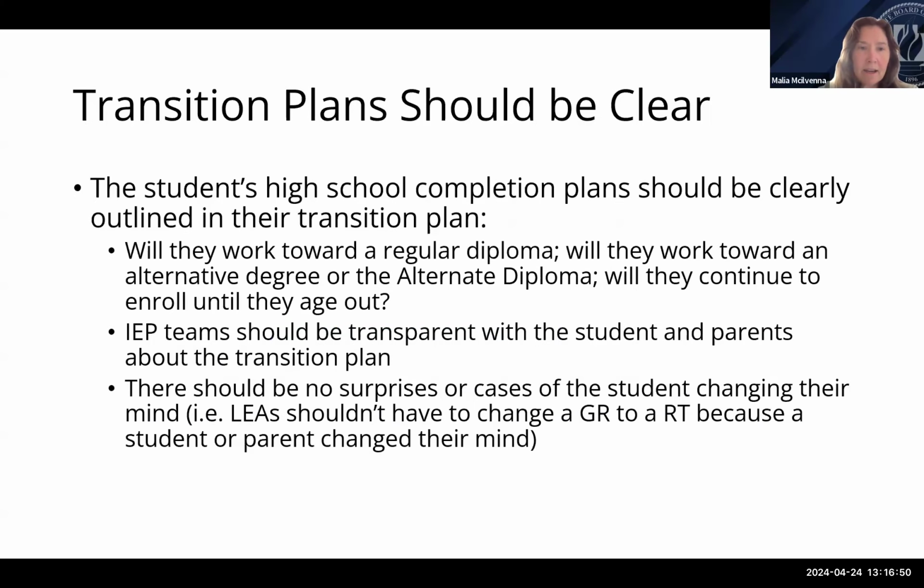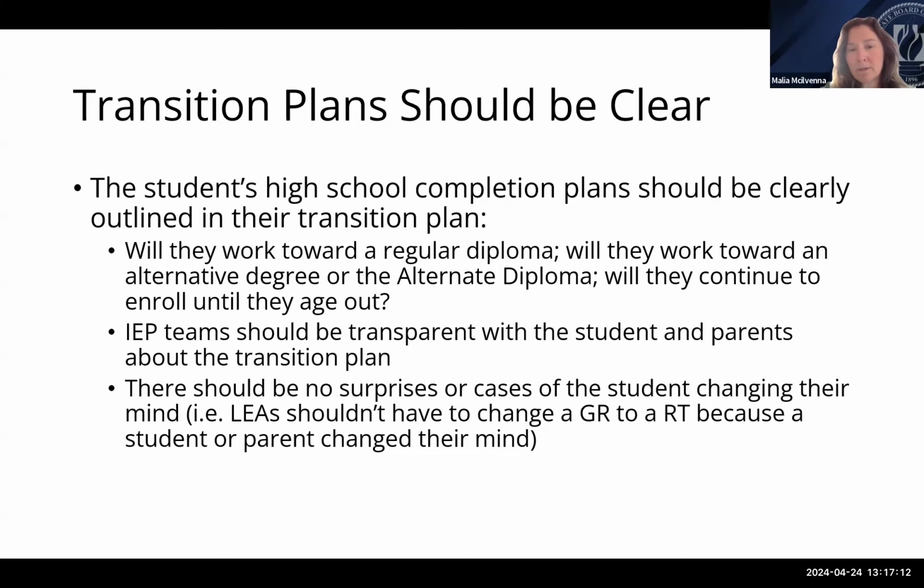Okay, next slide. Okay, and then more of why we shouldn't have surprises. We shouldn't have students who are getting that regular diploma code and then having it get changed to an RT. Because this is all supposed to be outlined in a student's transition plan. It should really clearly say what the student's plan is.